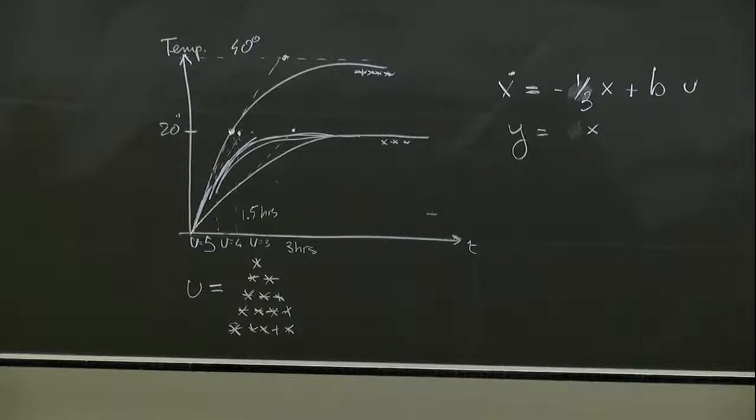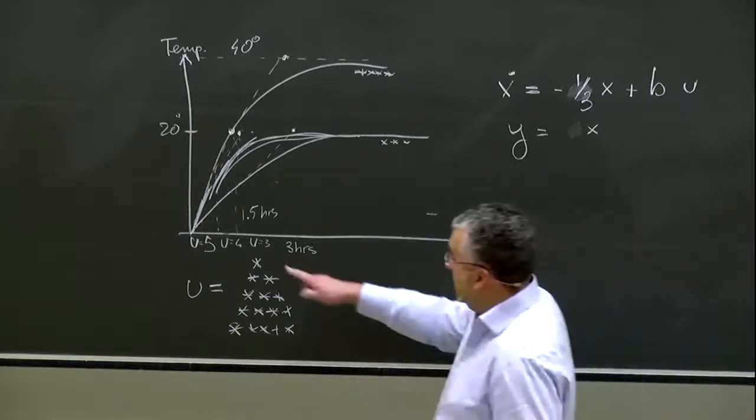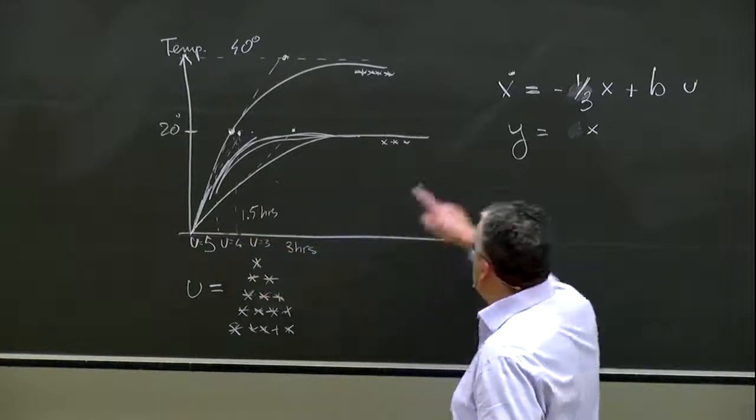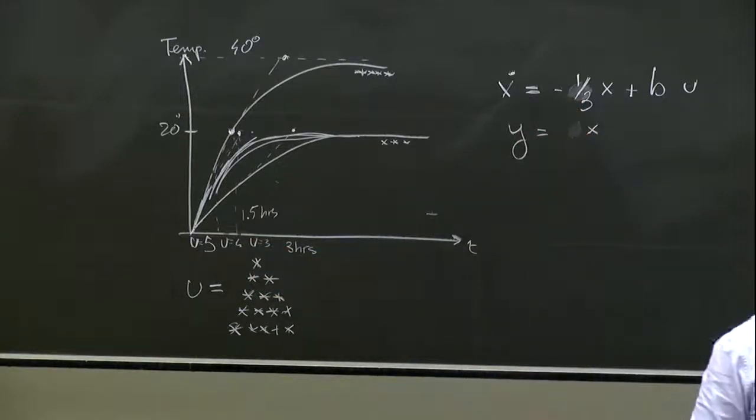Okay, so the time constant gets smaller, meaning that your A coefficient, in a sense, gets larger. Okay. So if you had to draw this on the complex plane, the pole zero map, right?